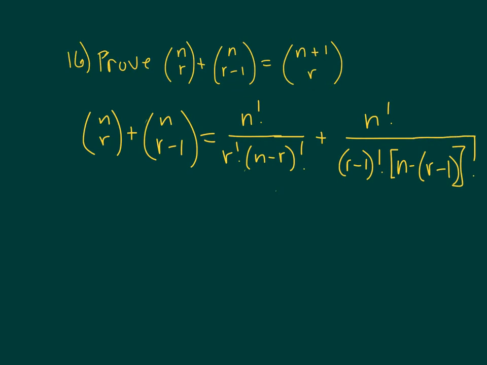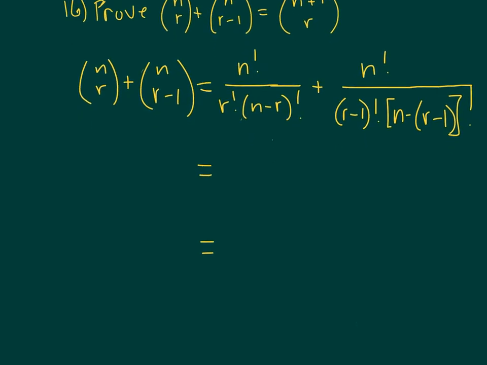Now, my task is to take what I have on this side and manipulate it. So rewrite it, rewrite it, rewrite it. I'm going to have equals, equals, and at a certain point, I'm going to keep on simplifying it. So at the very end, I'm going to end up with n plus 1 choose r.